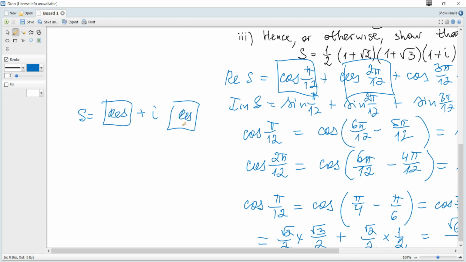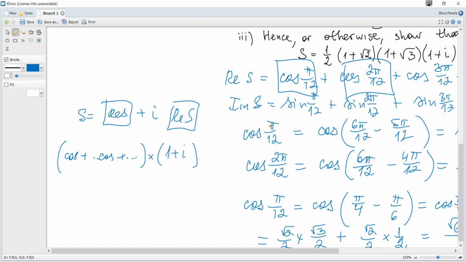We can factor out the real part, this sum of cosines, multiplied by 1 plus i.